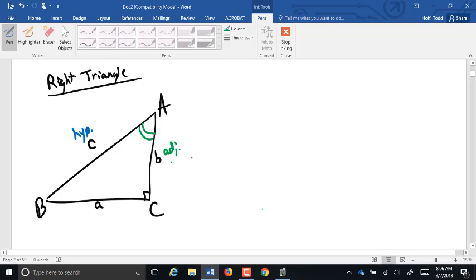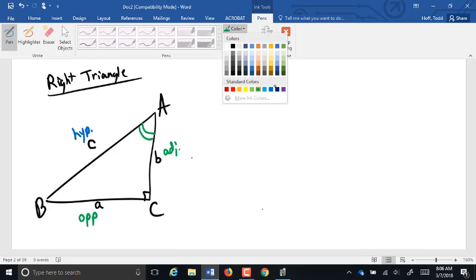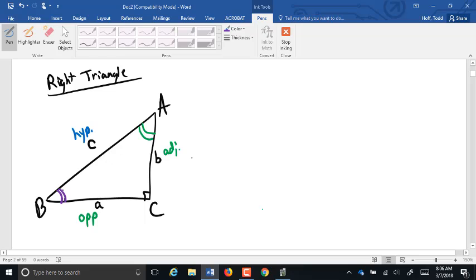Little b is adjacent. Remember, adjacent and opposite are always legs. The opposite leg would then be little a. However, if I were looking at this angle here, which side is the adjacent leg? Little a. And the opposite leg? Little b. So it depends on which angle we are looking at.